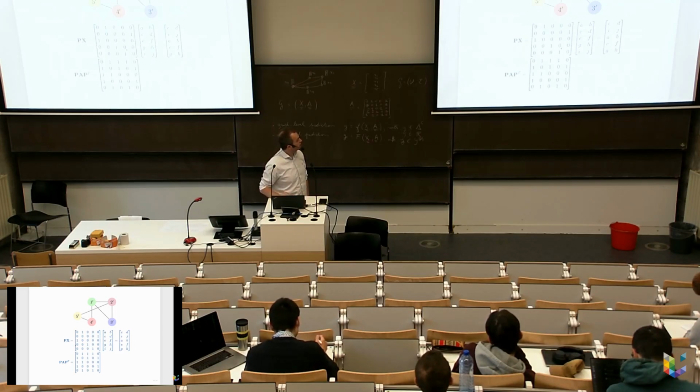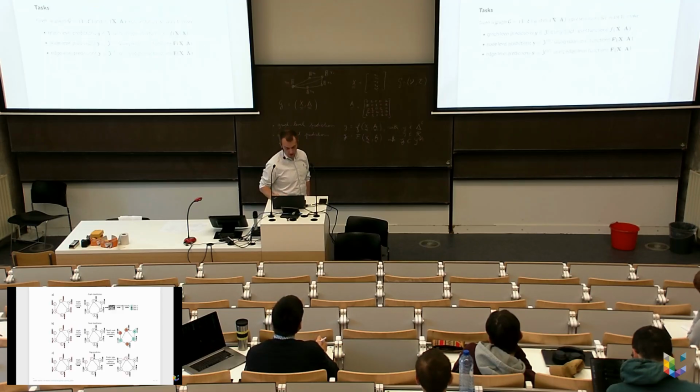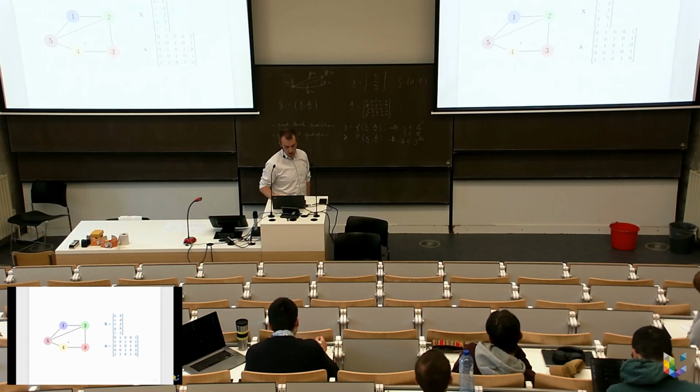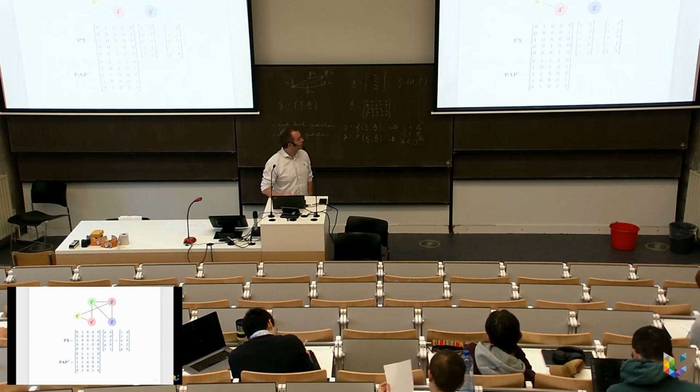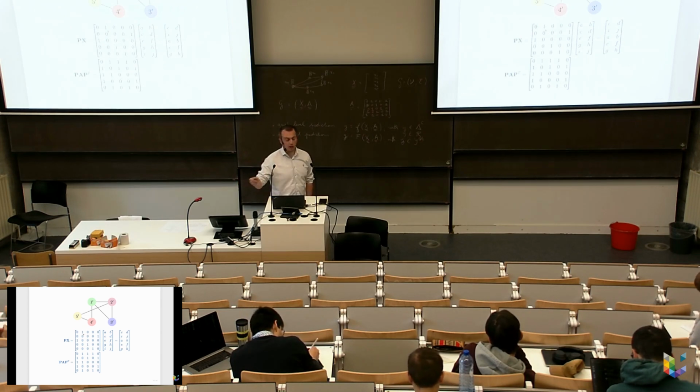So for example, if we start with the previous graph, so this one, and then I'm just defining a permutation of the nodes in the form of this permutation matrix, where I'm saying now the first node becomes the second node of the original graph, the second node becomes the last of the original graph, and so on and so forth.